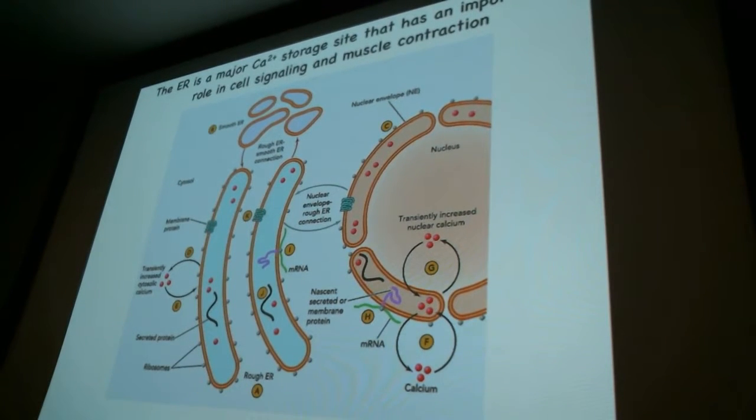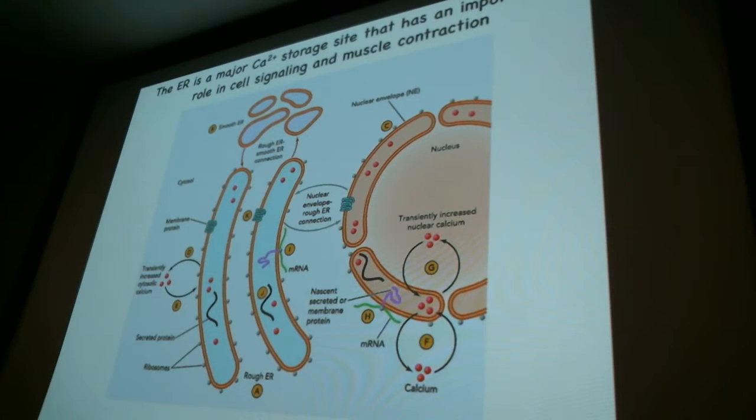And what I mentioned in the last class also, that the ER has this very important function of being a store of calcium. So these red dots in this slide represent calcium, which is very low in the cytoplasm, right? So anybody remembers how many times lower is the cytosolic calcium compared to the outside?